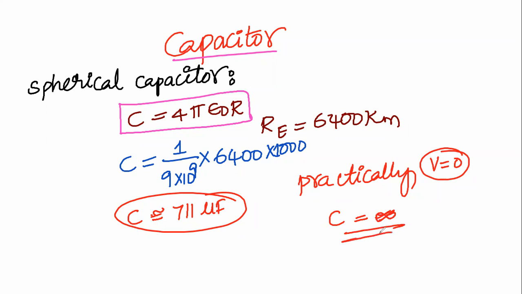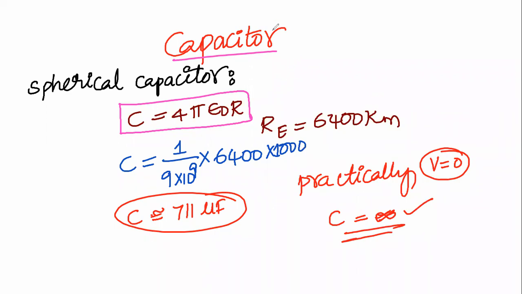As the potential of the earth is taken as 0, the capacity or capacitance of the earth is taken as infinite.